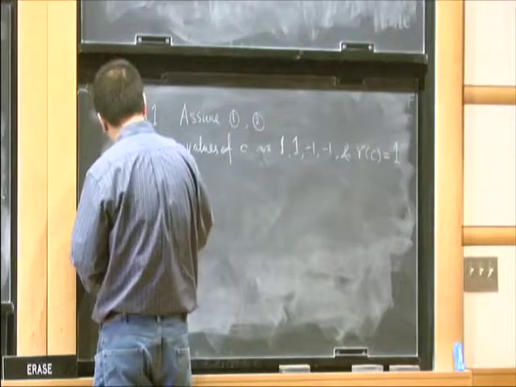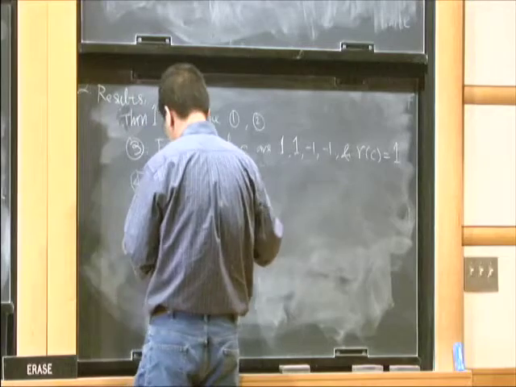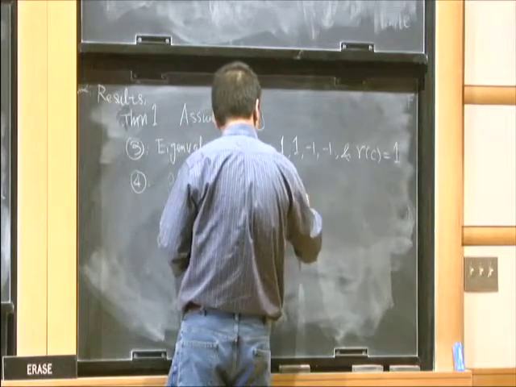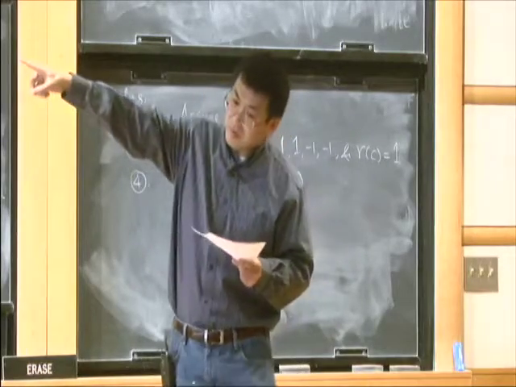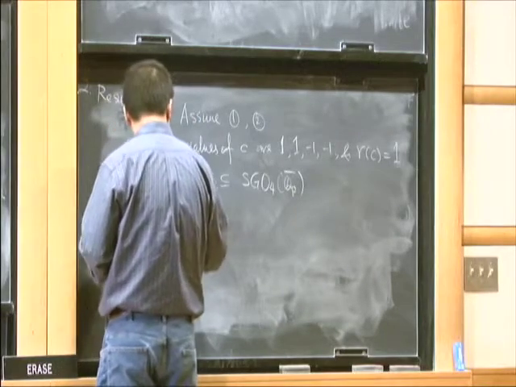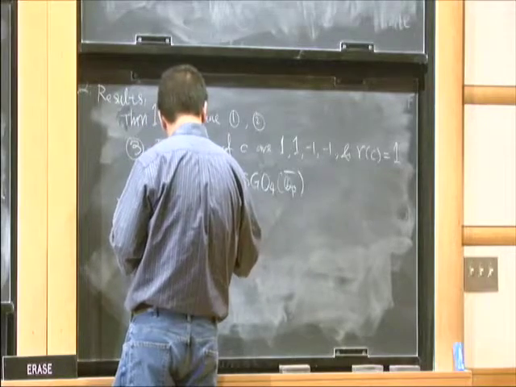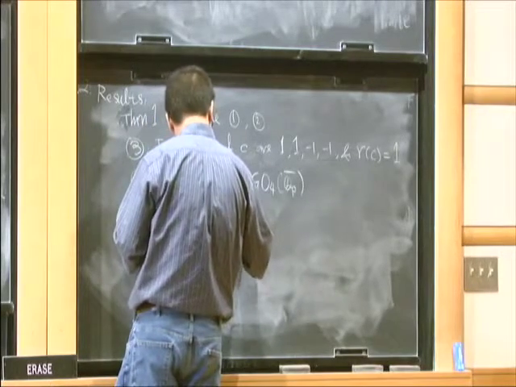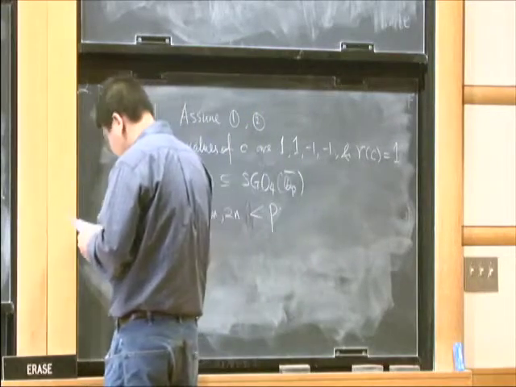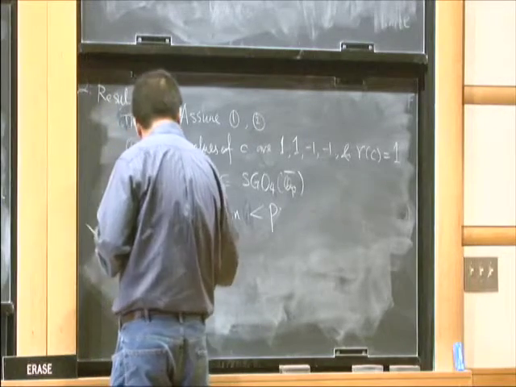The second condition is a really technical condition: the image of the Galois group actually factors through SGO4(Q_p bar), where SGO4 is defined there. Then rho is automorphic.